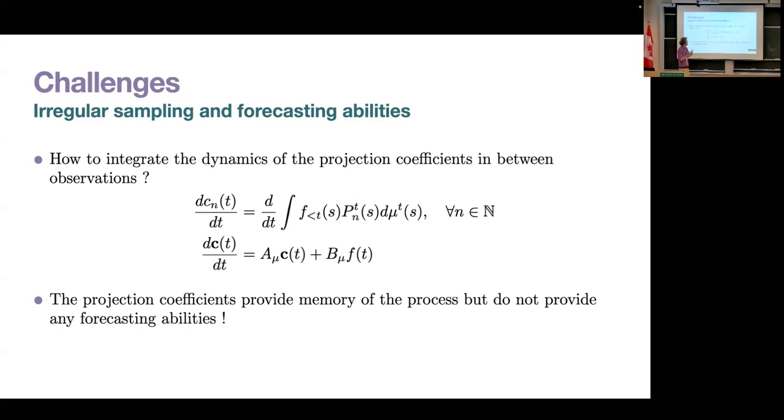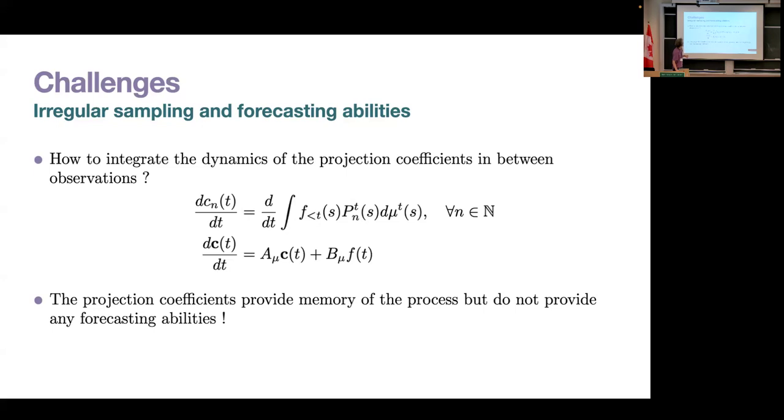So this could also be solved by using integration, let's say a trapezoidal rule or something like this, between observations. But we're going to try also to see if we can get an additional boost by predicting a bit better what's going on in between the observations continuously.